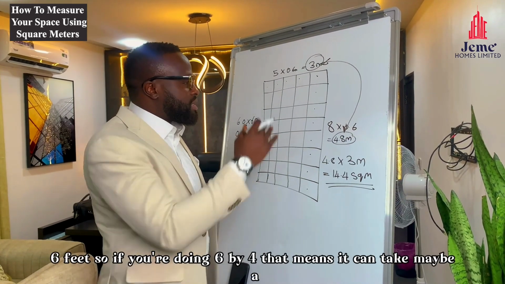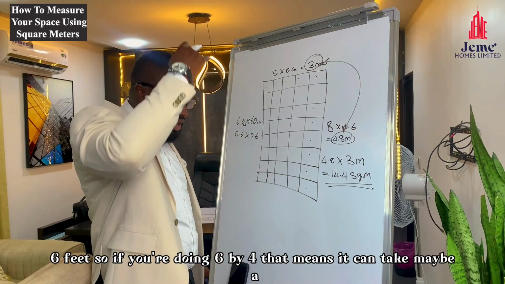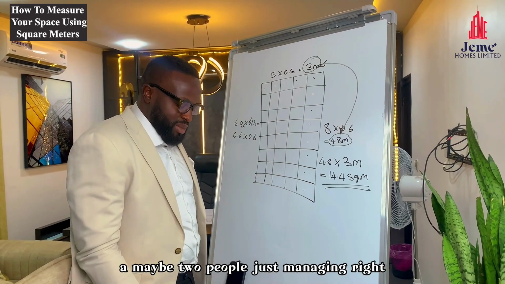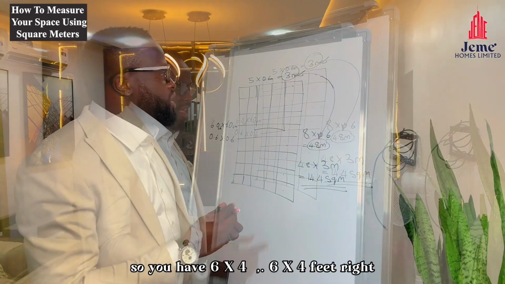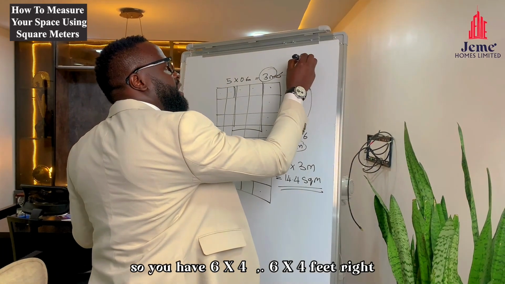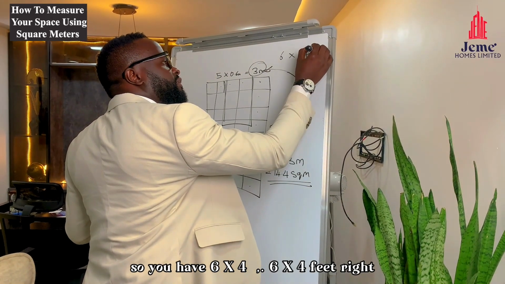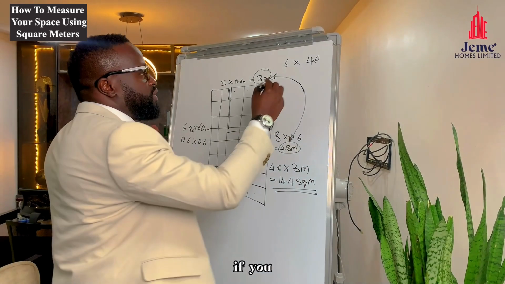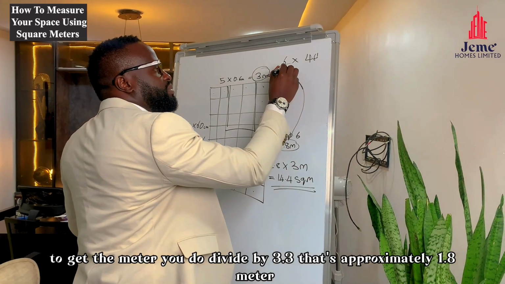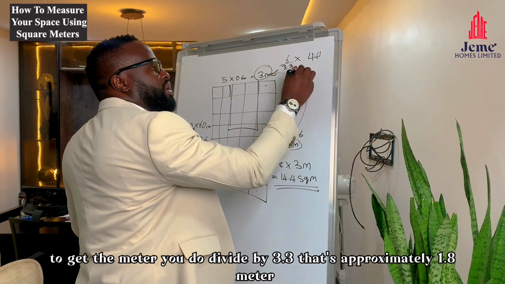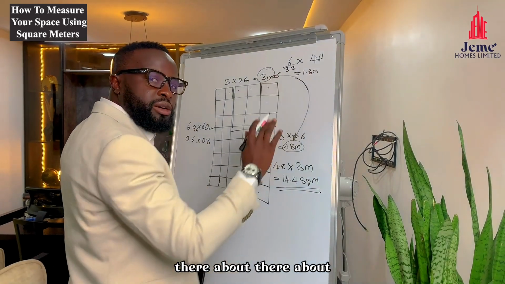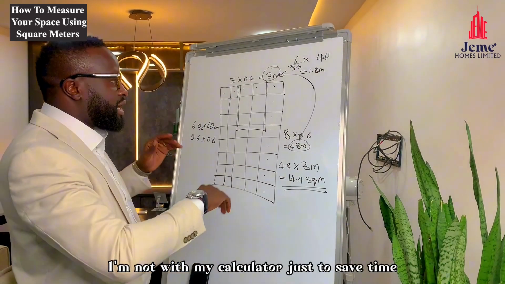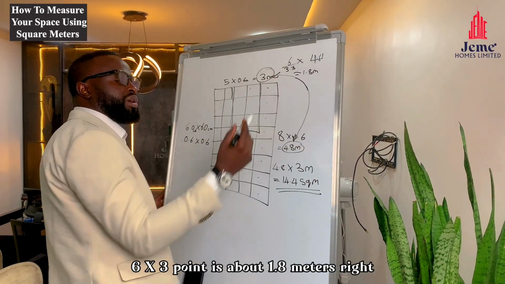So 6 by 4 feet can take maybe 2 people just managing. To get the meter, you divide by 3.3. That's approximately 1.8 meters. 6 divided by 3.3 is about 1.8 meters, right?